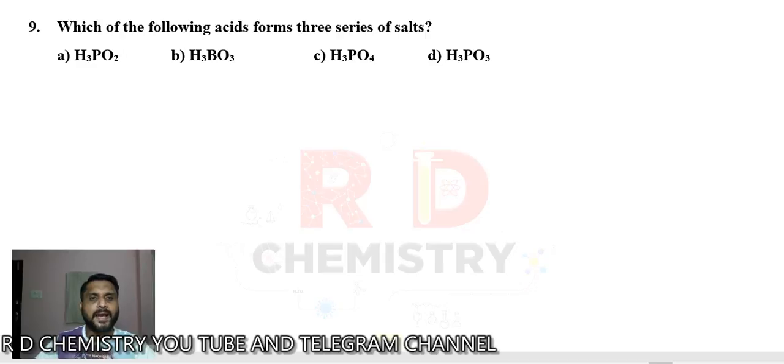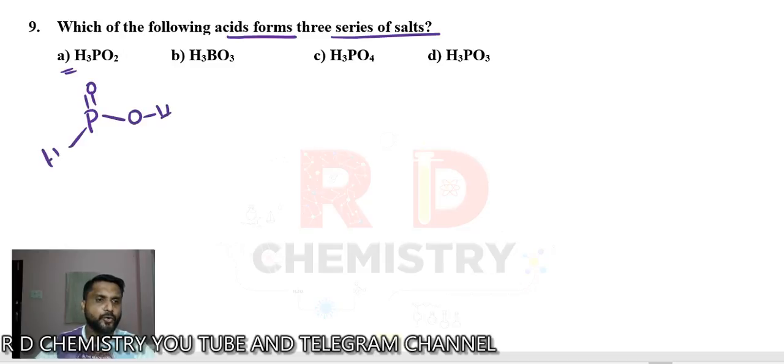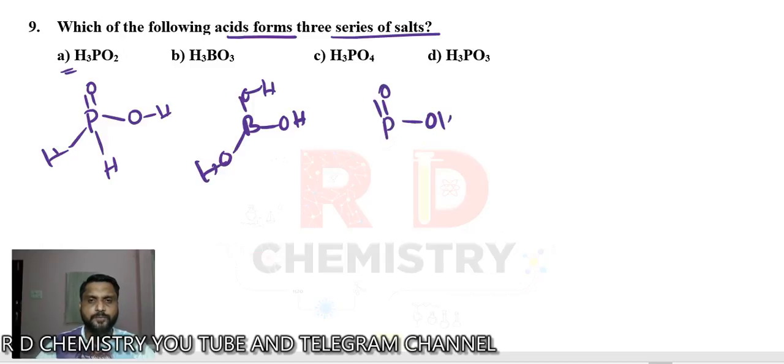Which of the following acids form three series of salts? So, if you have the structures here, phosphorus, first one, if I write P double bond O, then OH, and hydrogen, correct? Then OH thrice, it is. Then P double bond O, third one, OH and OH.